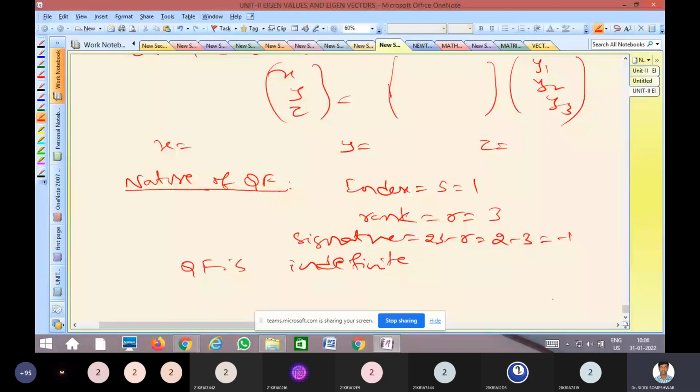So I hope this is clear for all of you. This is the method of reducing a quadratic form to canonical form by orthogonal reduction.